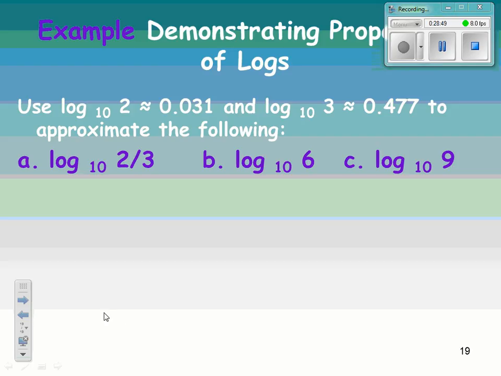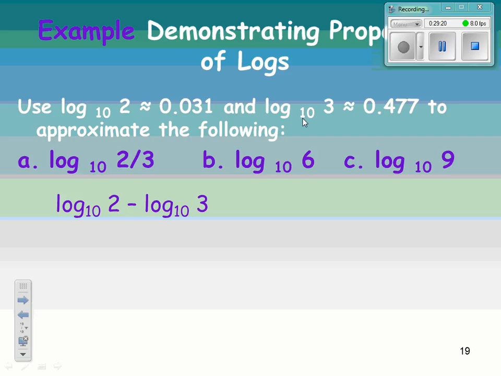Okay, demonstrating properties of logs. Okay, we know a couple of these approximations. Okay, I know log base 10 of 2 is about 0.031. And log base 10 of 3 is about 0.477. Okay, so in A, if I rewrite this as log base 10 of 2 minus log base 10 of 3, well, log base 10 of 2 we know is 0.031.